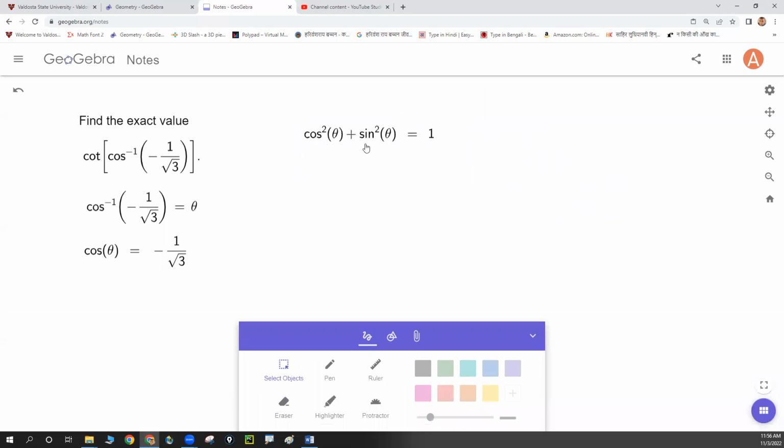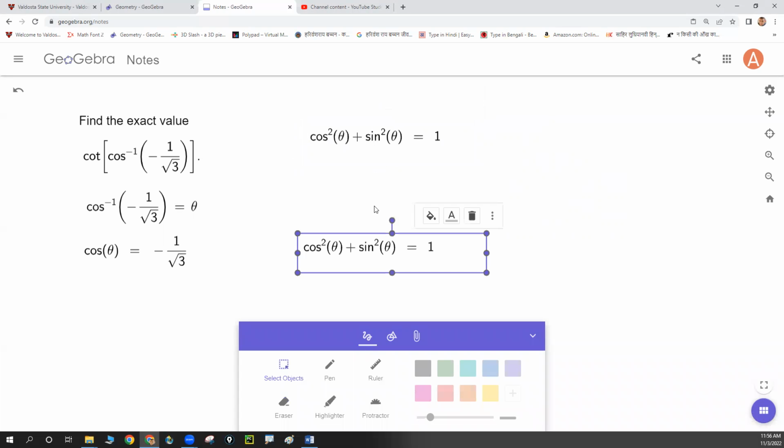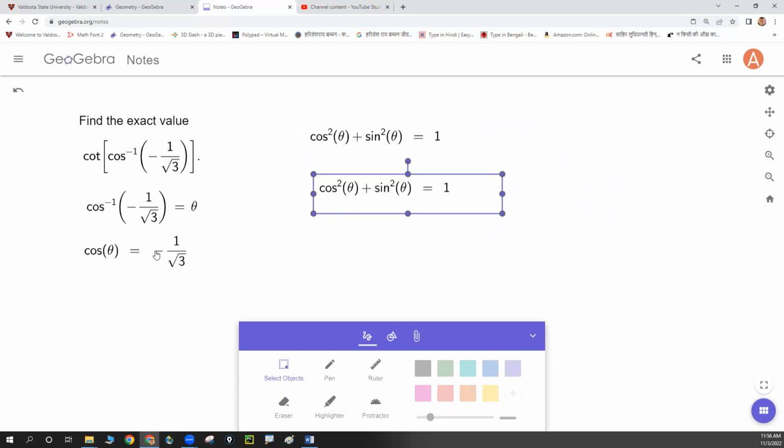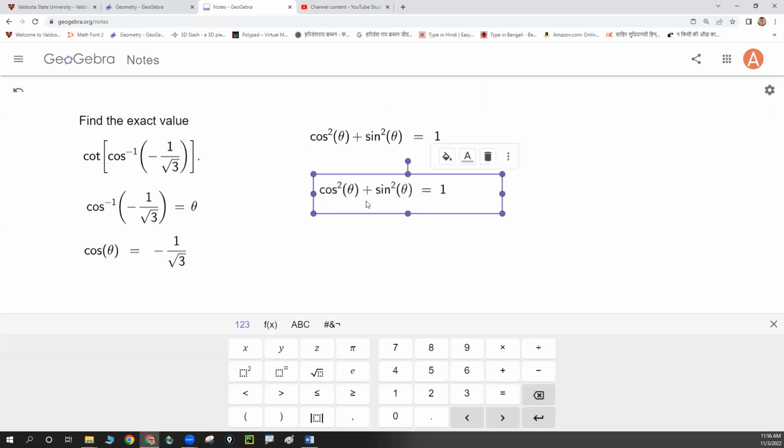And I do know that cosine theta is negative 1 over square root of 3. If I square that carefully, the negative will be canceled, and I'll get 1 over 3.